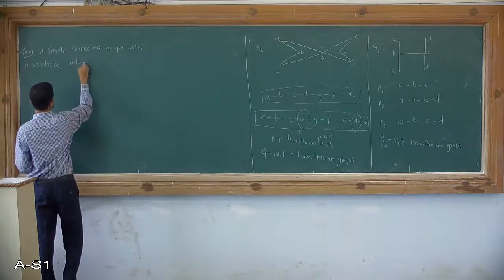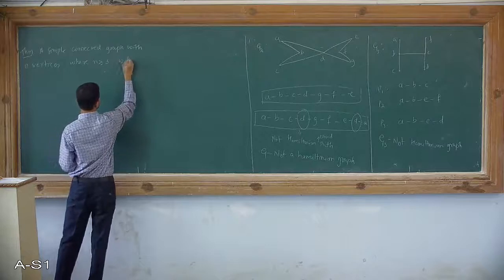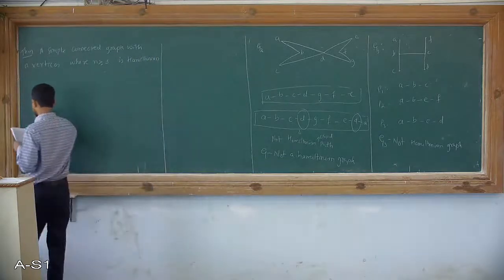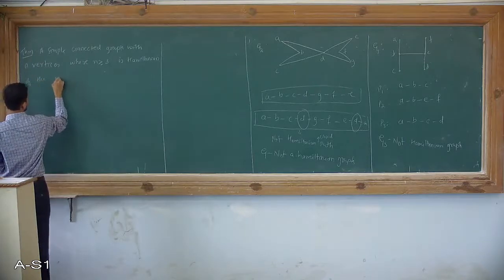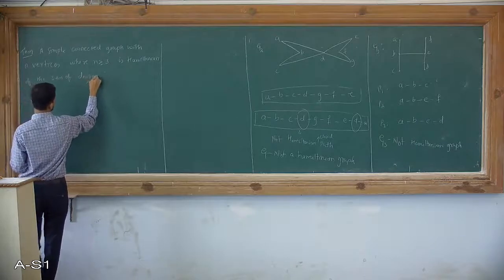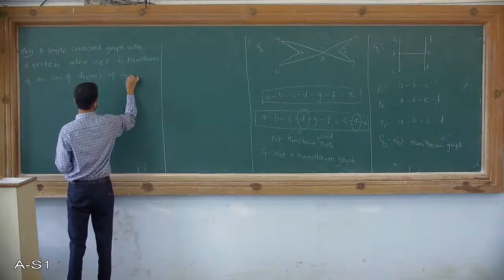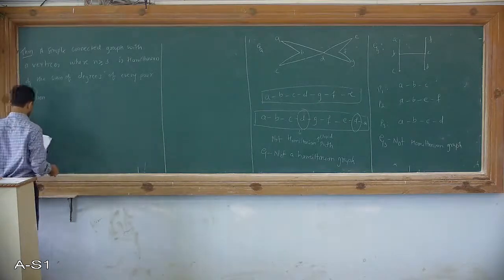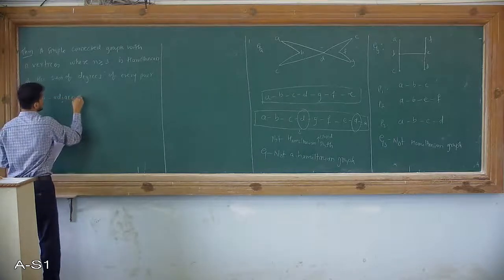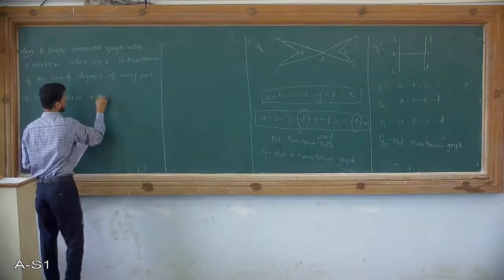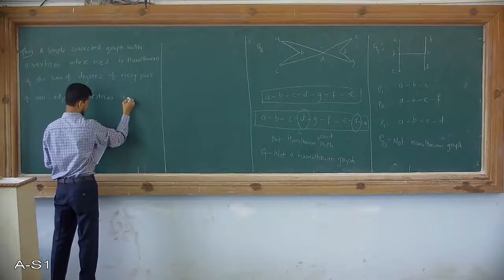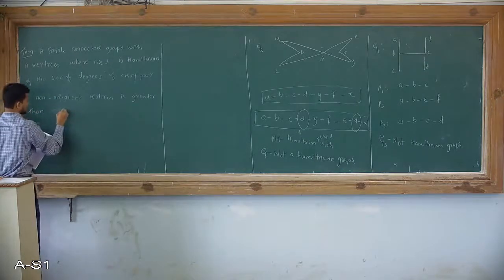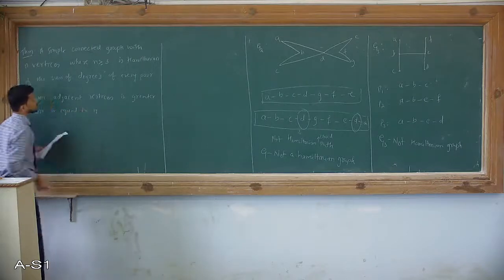where n is greater than or equal to 3, is Hamiltonian. This is the one theorem.